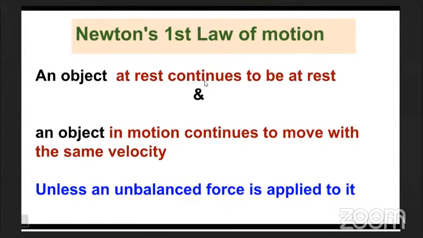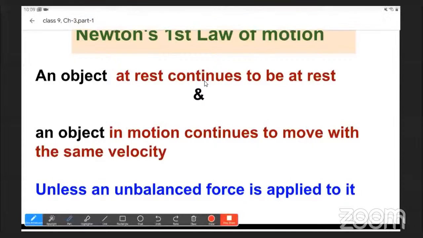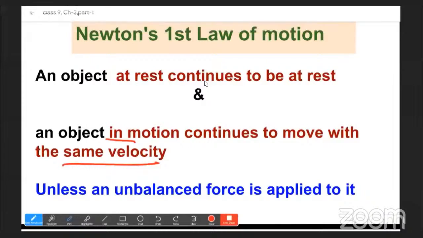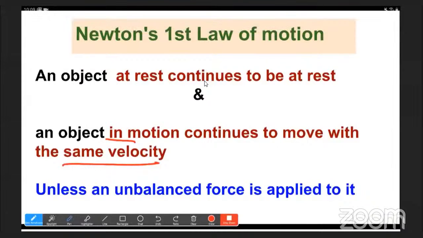Okay, so look at here what he summarized in his first law of motion. An object at rest continues to be at rest, and an object in motion continues to move with the same velocity unless an unbalanced force is applied to it.